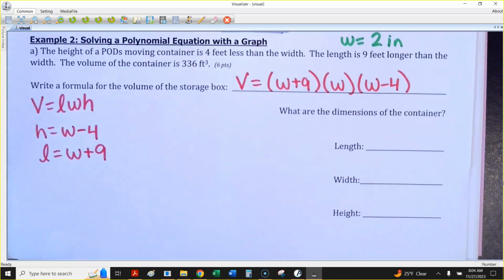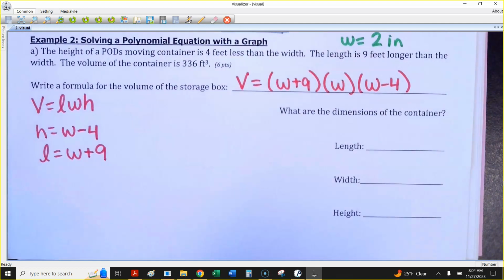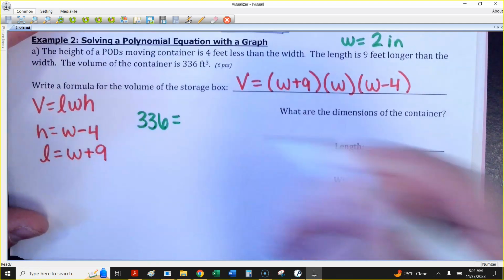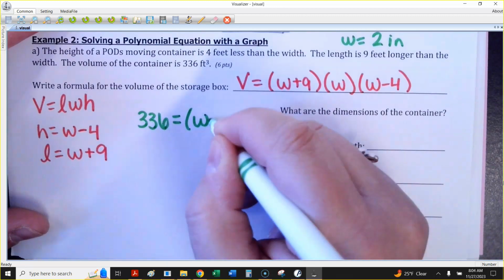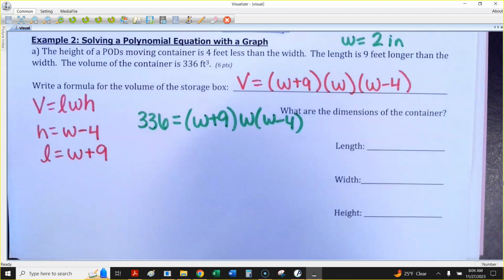Okay, now here's the difference. Go ahead. Yes, okay, that's what I was going to tell you guys. There's two ways you can do this. So, you can set this up like this: 336, W plus 9, W minus 4. Okay, now if you do that, Desmos is not going to graph that because you don't have another variable.